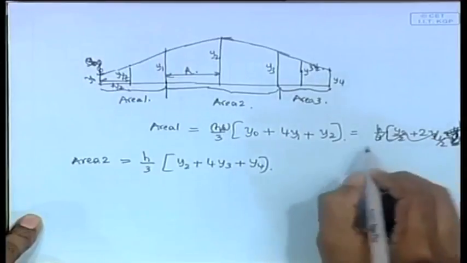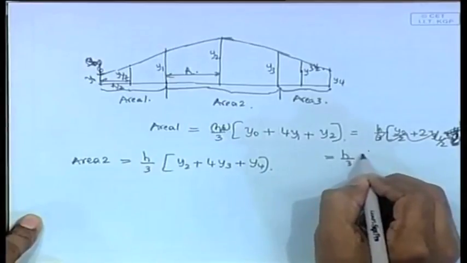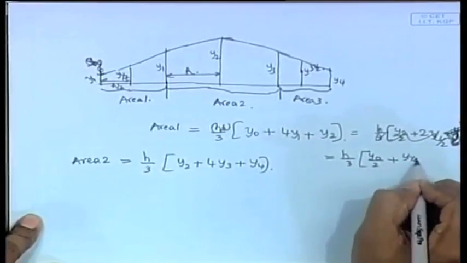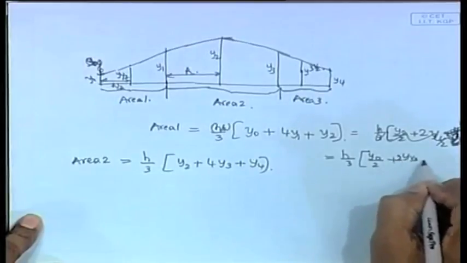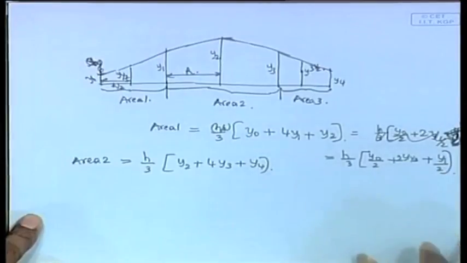Correct, h by 3 into y 0 by 2 plus 2 y half plus y 1 by 2.